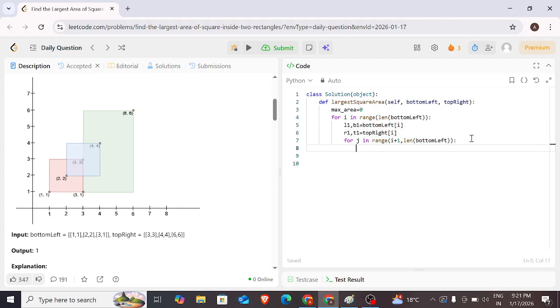So we do the same kind of thing for the j coordinate now, so R2, B2, T2, R2, T2 will be j, right?